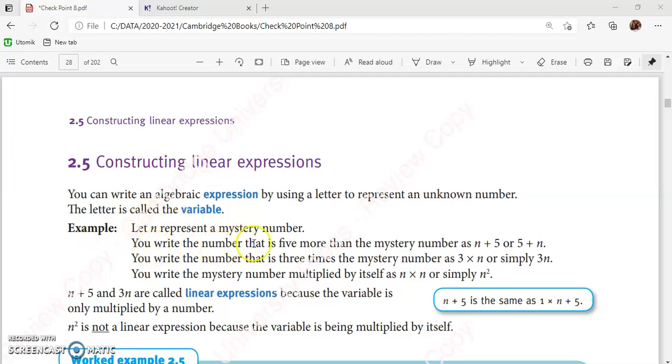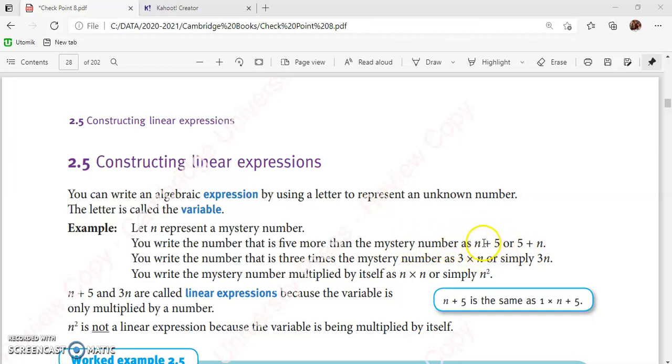Write the number that is 5 more than the mystery number. 5 more than means addition. So it can be written as n plus 5, because the mystery number is n.